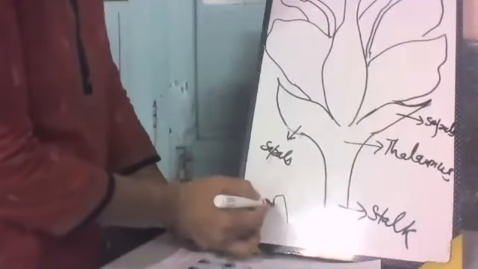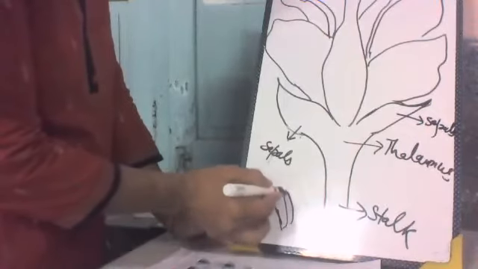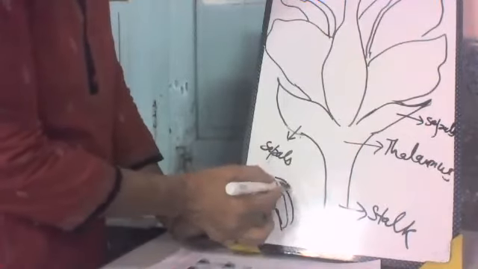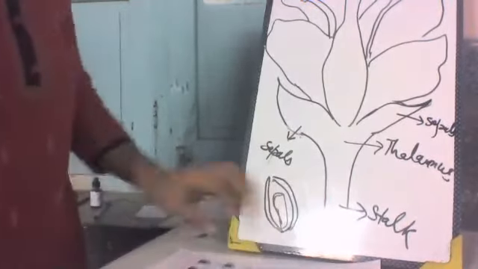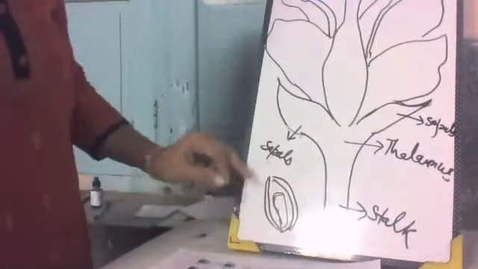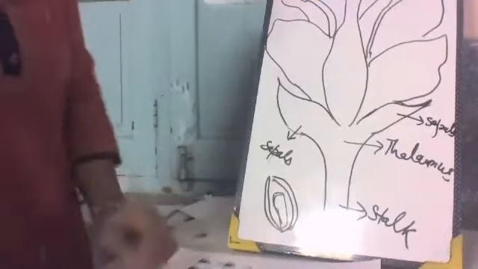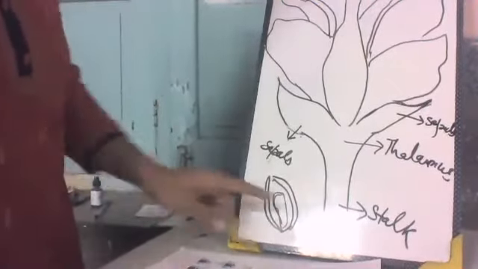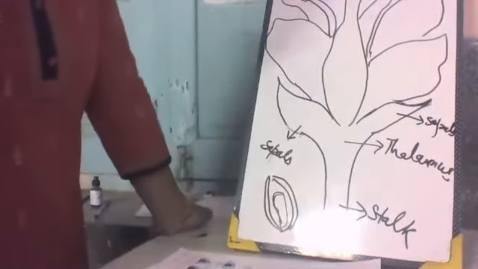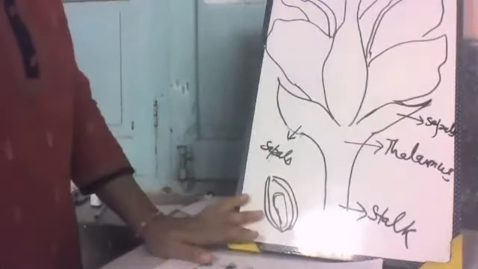In the bud condition, when the flower is not fully matured, these leaves cover the whole flower and protect it from the surroundings. In the bud condition, they enclose the inner part of the flower, providing necessary protection. Sepals are green and the outermost part of the flower.